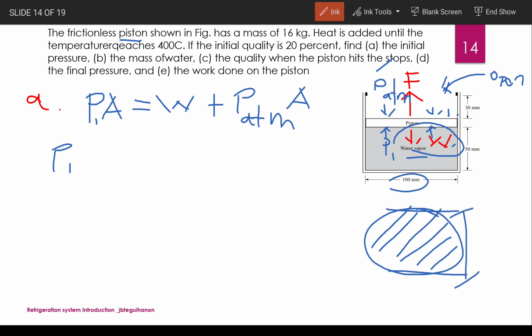If you look at it from the top or bottom view, you can see it's round.